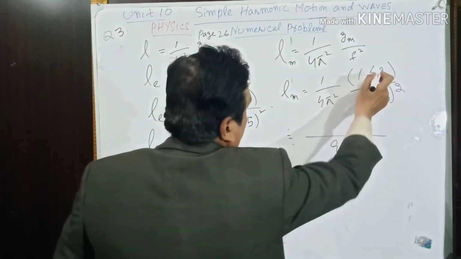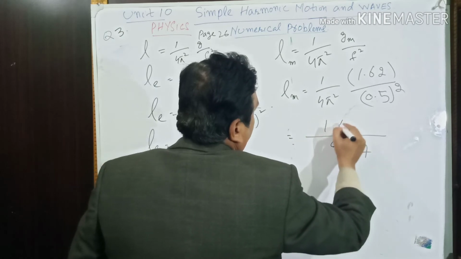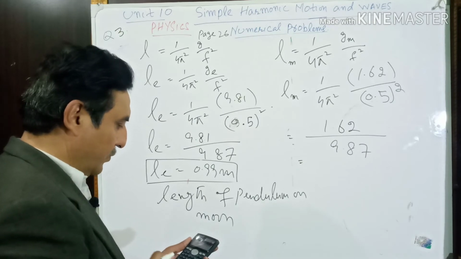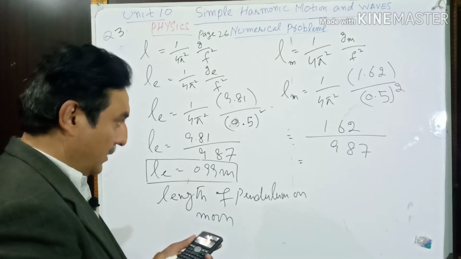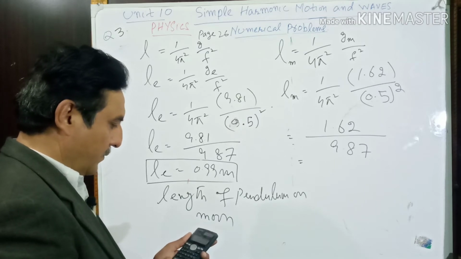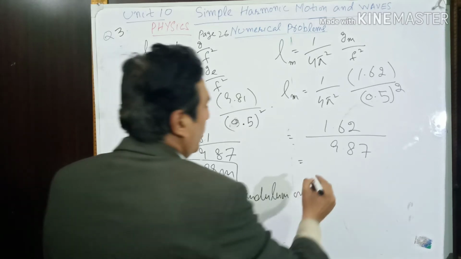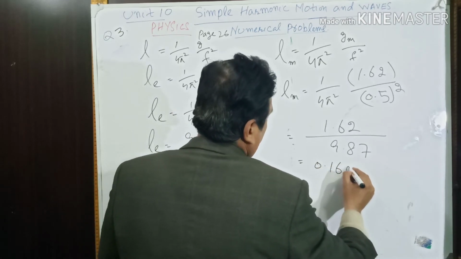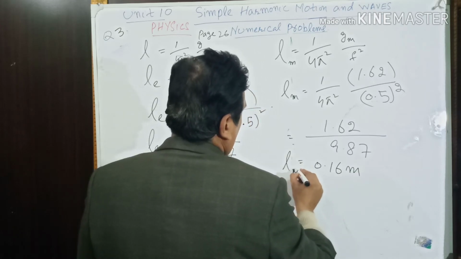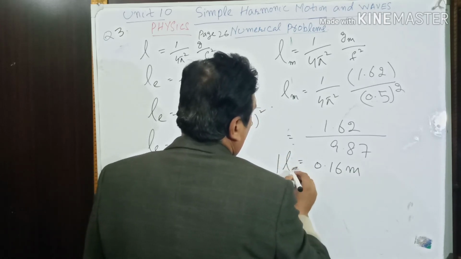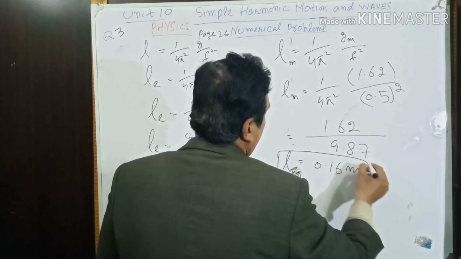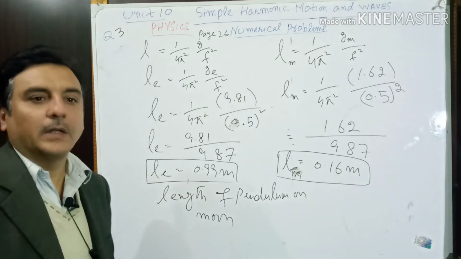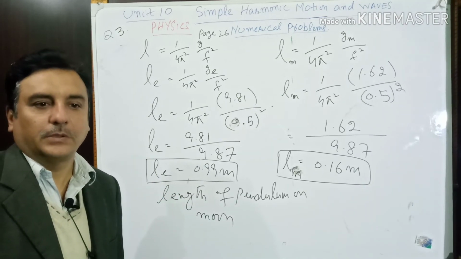Now in numerator 1.62. So divide 1.62 by 9.87. We get 0.16 meter. The length of the pendulum on moon is 0.16 meter and on the earth is 0.99 meter.